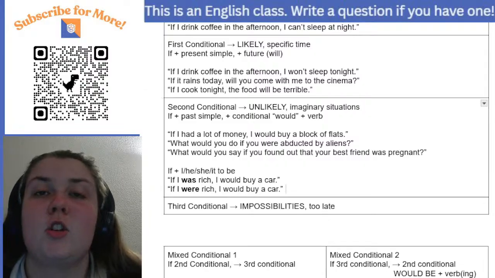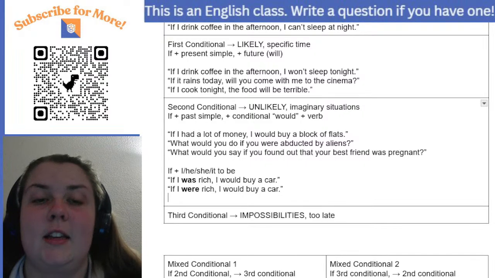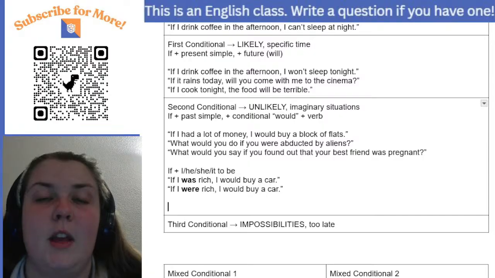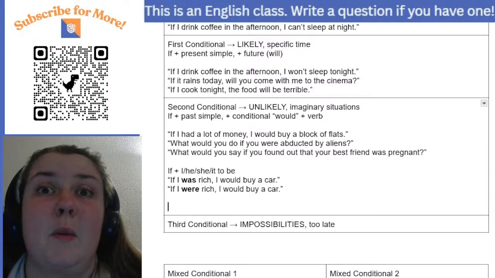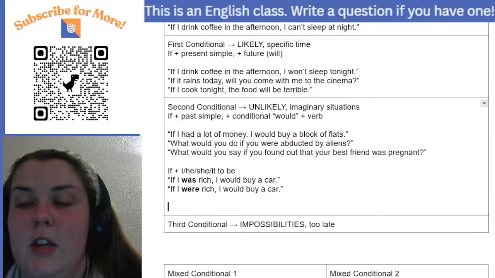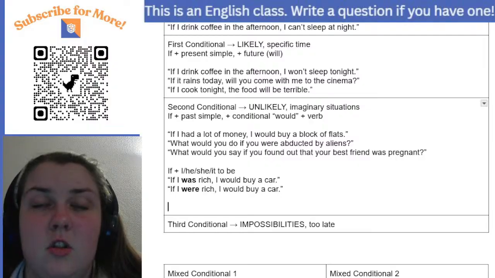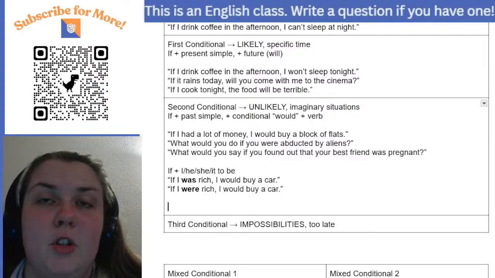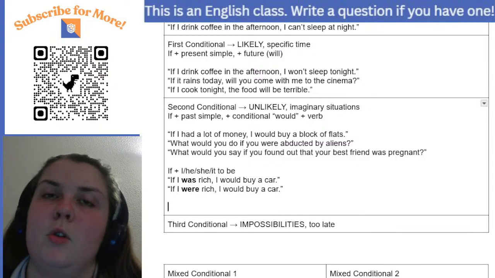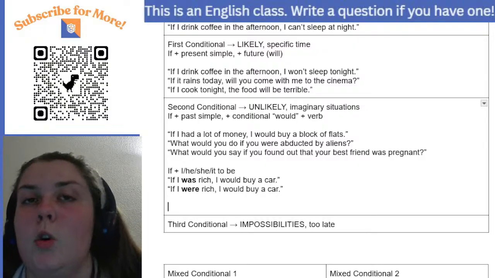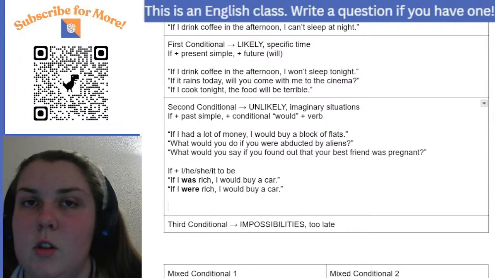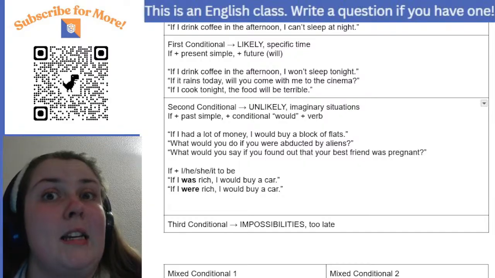Okay, so the second conditional is very, very useful in terms of talking about imaginary situations. Ultimately, if you are speaking in hypotheticals, talking about possibilities in the future, you can use lots of different modal verbs like could or would or might or may.